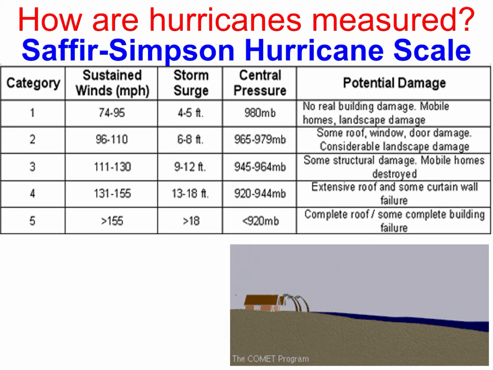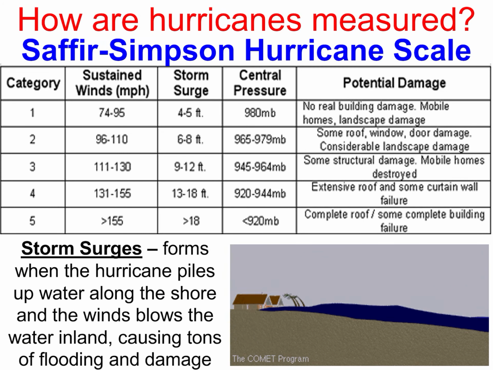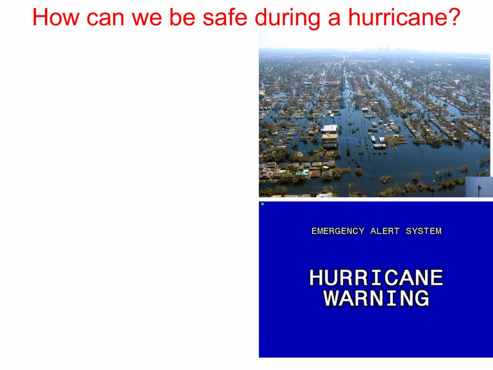And if you watch this animation, storm surges are basically the wind picks up those waves and they bring that whole water table higher and causes like that flooding that destroys so much. All right, it forms when a hurricane piles up water along the shore and winds blow the water inland. Extreme flooding and damage. This is what happened huge with Sandy, especially where I live.